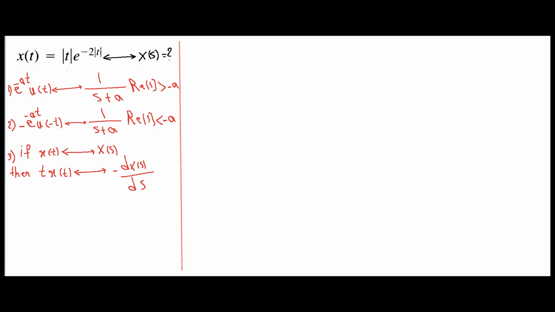First, we remove the absolute value of t. For positive values of t, we write the signal as shown. And for negative values of t, we write it as shown.